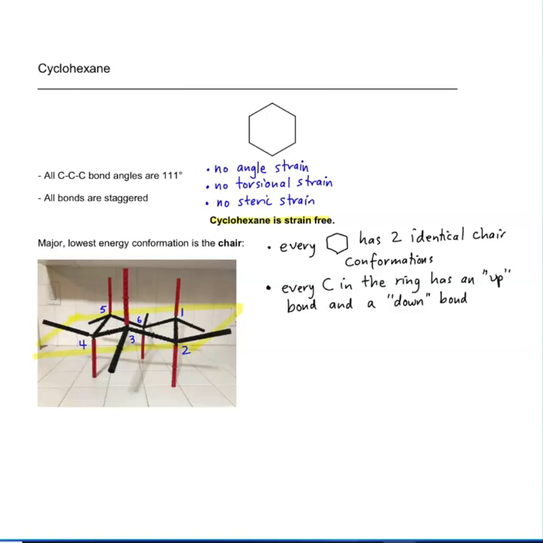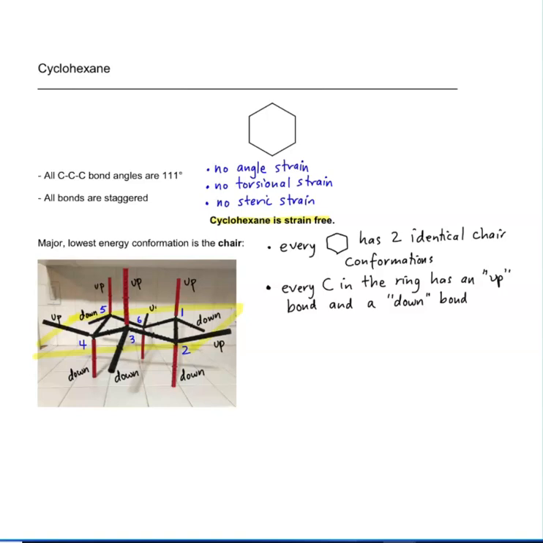Okay, so at carbon 1, this red bond is pointing up relative to that plane, and this one is pointing down. At carbon 2, it's this black bond that's pointing up. Oops, I'm sorry, I wrote down what I meant to write up. And this one's pointing down. It goes that way all around the ring. So this is down, this one's up. The red at 4 is down, the black is up. At 5, black is down, red is up.